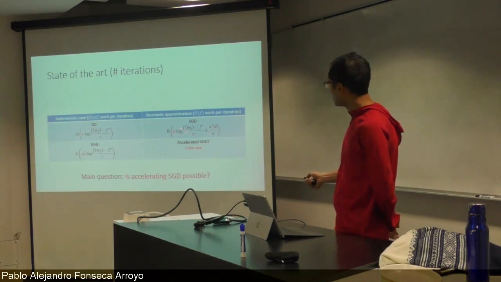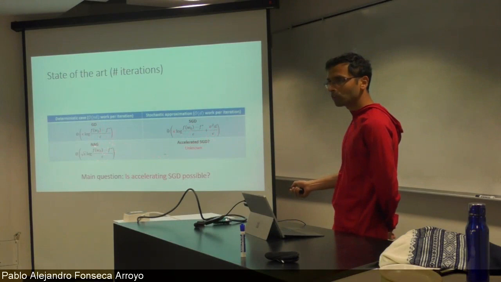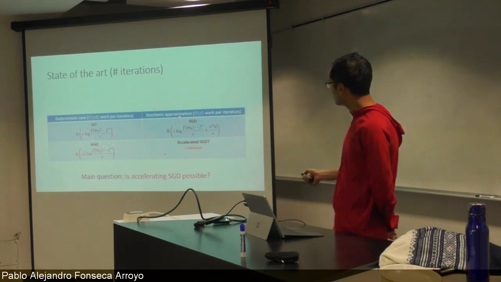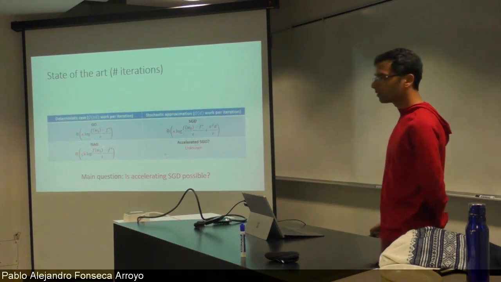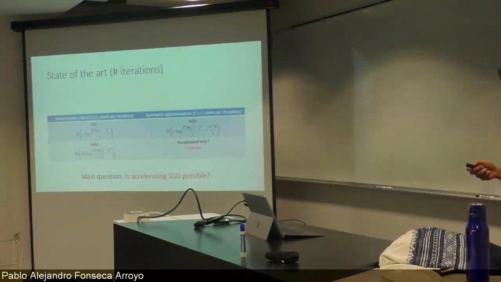So the question we want to ask is: is acceleration in the stochastic setting possible, just like what we did in the deterministic setting? In the deterministic setting, we improved kappa to a square root of kappa. In the stochastic setting, can we do something better than stochastic gradient descent?